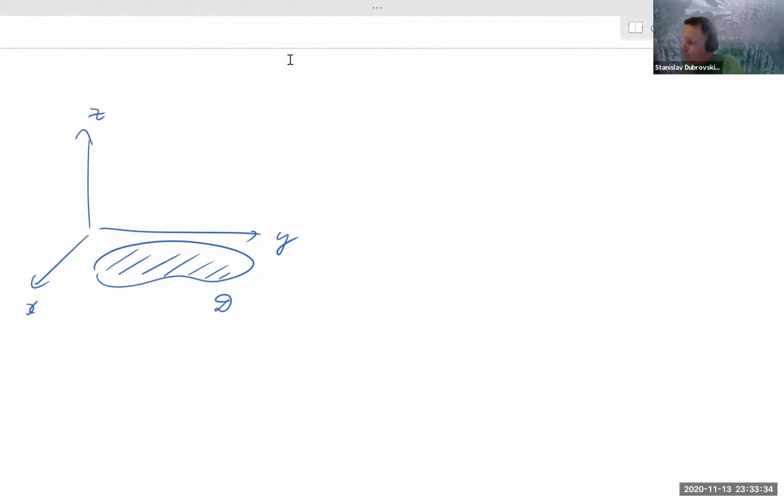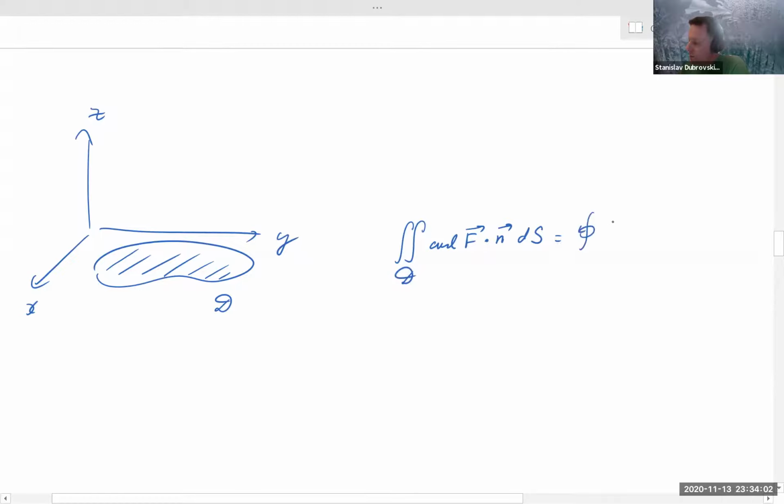If we try to apply Stokes theorem to this flat region, then all we are seeing is the integral of curl f dot n dA, or I should say ds, over D has to be the same as the usual F dot dR over the boundary.